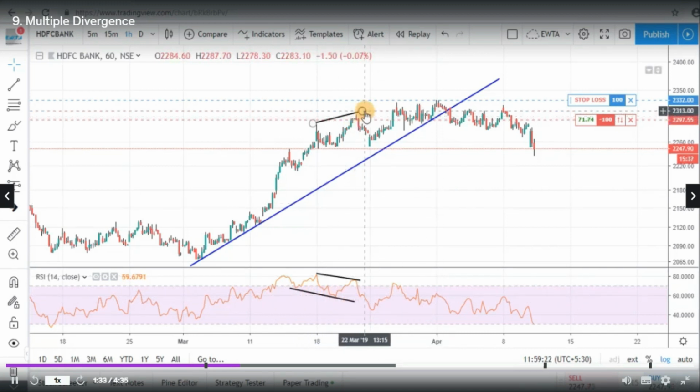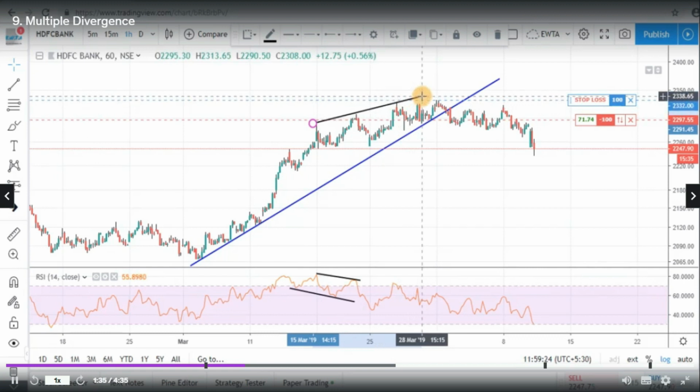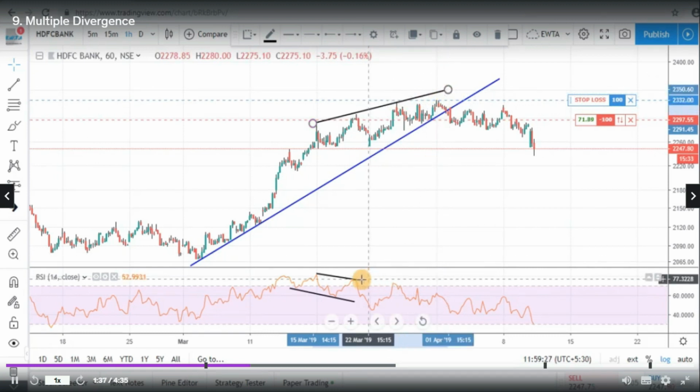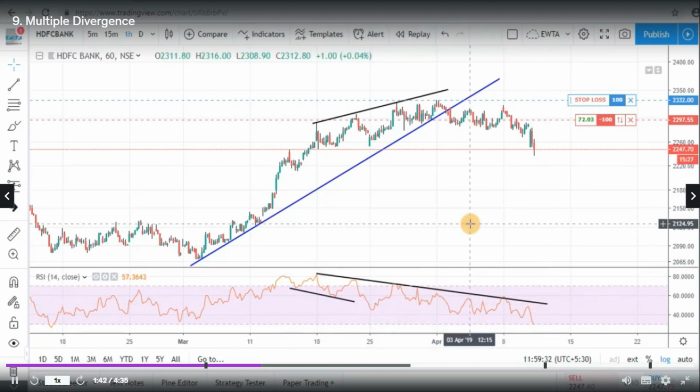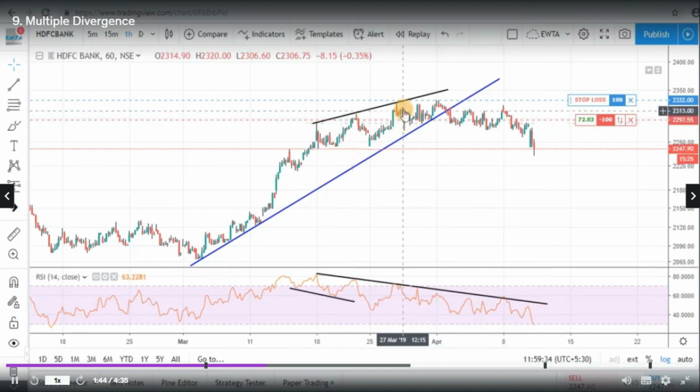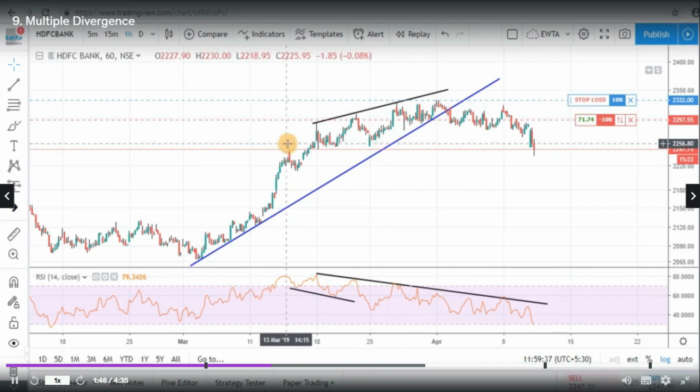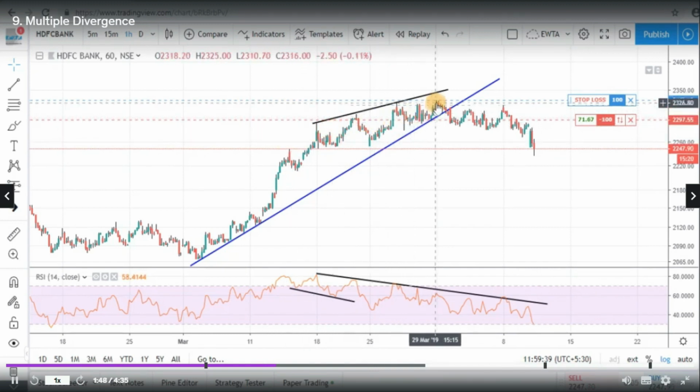Now see, prices are going in upward direction and RSI peaks are continuously going in downward direction. So here are 1, 2, 3, 4 and 5 peaks that are going in upward direction, and prices are above the trend line.